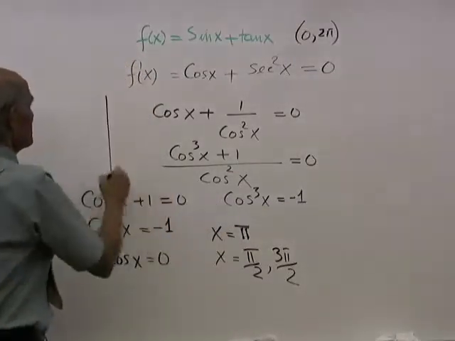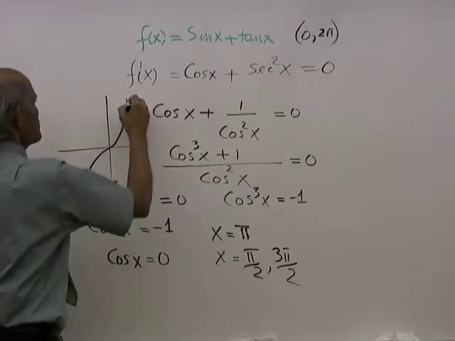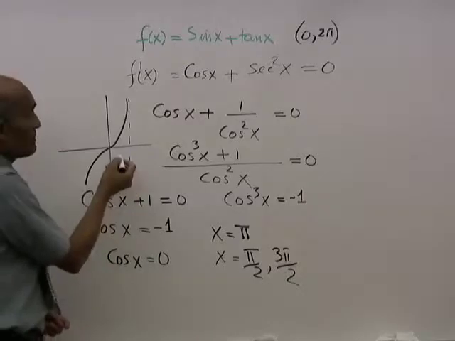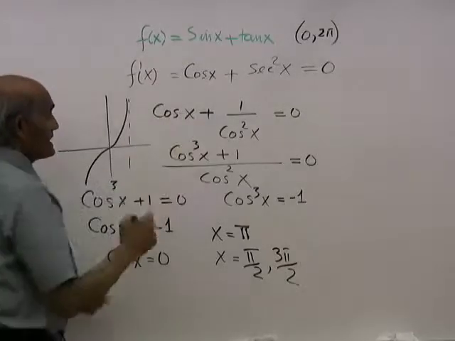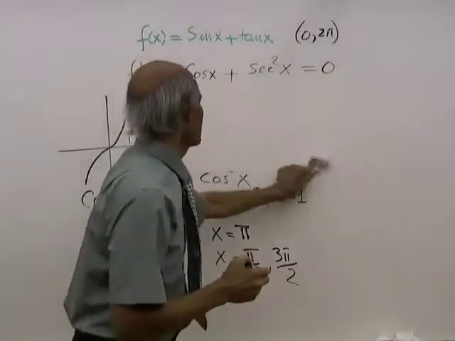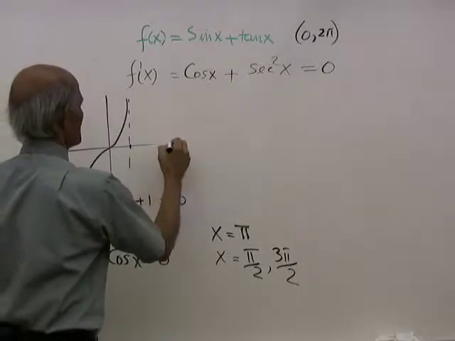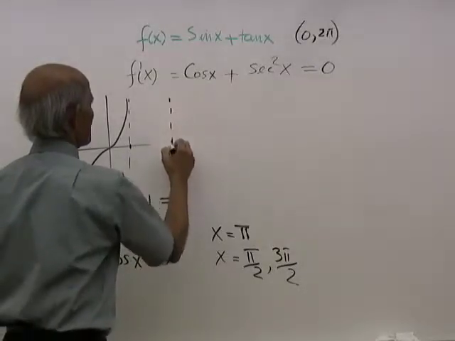So, if you look at the graph of tangent, this is pi by 2. So at pi by 2, and it will repeat the same way. If you let me take that out, I can show that graph. Now, this is pi by 2, this is 3 pi by 2.